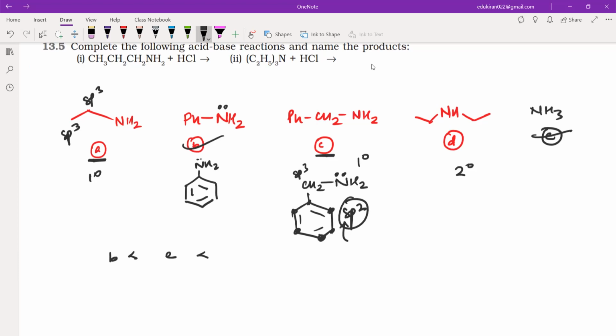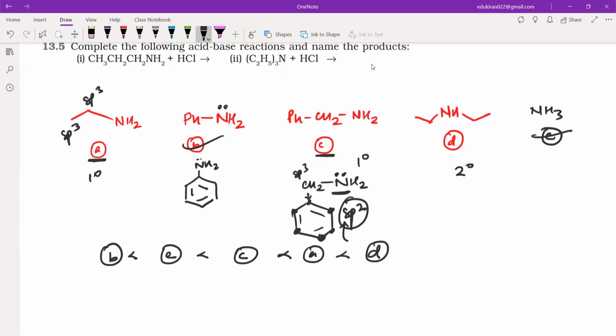The electrons are nearer to the positive charge, and that is why they will be pulled easily. So these sp2 atoms will be pulling electrons and decreasing the electron density at the nitrogen atom. So after E, we will have C, followed by A, and at last we'll have B. Is this clear, everyone? Yes or no?